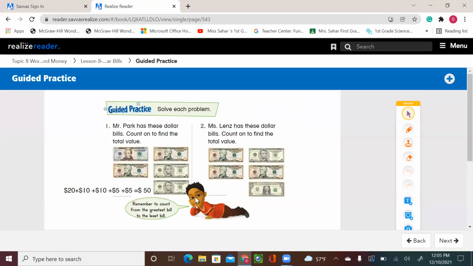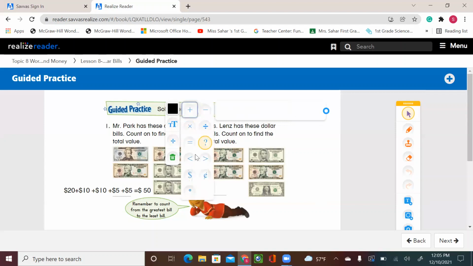So I have $10. I'm going to start with this, the greatest number I have. So we have $10 plus one more, one more, so there's three $10.